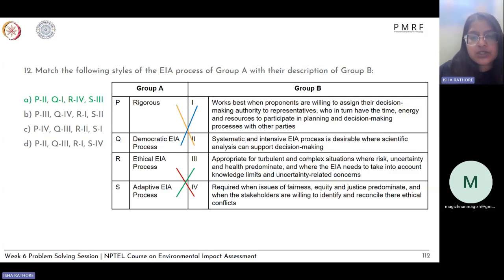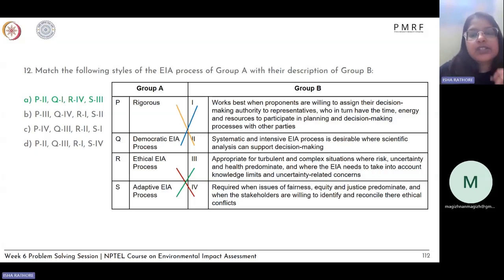So P matches with 2. Q is democratic EIA process, so it works best when proponents are willing to assign their decision making authority to representatives, who in turn have the time, energy, and resources to participate in planning and decision making processes with other parties. So Q matches with 1.